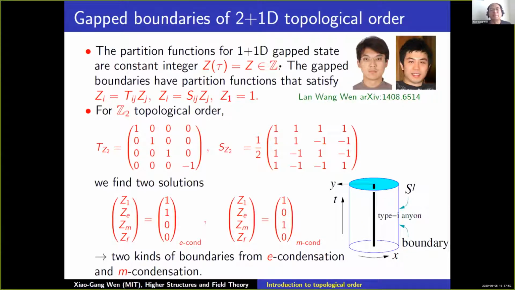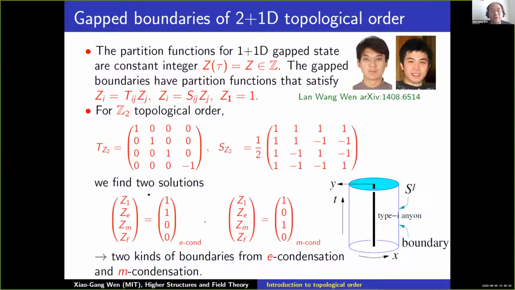It has to be an integer. So to obtain a gapped boundary of a 2D topological order, we need to solve this equation and look for the integer solution where the first component equals 1. There's some normalization condition. For the Z2 topological order, the two-dimensional gauge theory, this ST matrix is this 4x4 matrix, and then we find two integer solutions for this equation: one is 1, 1, 0, 0, and the other is 1, 0, 1, 0.